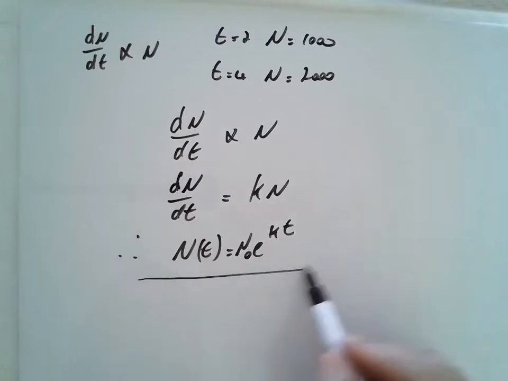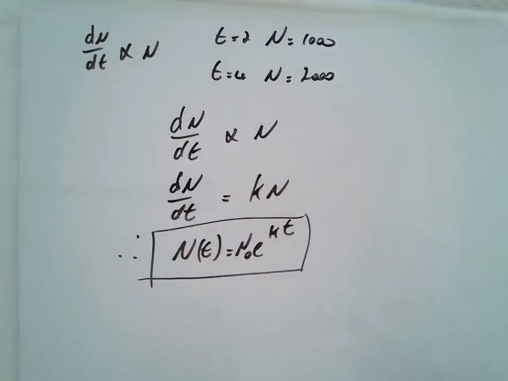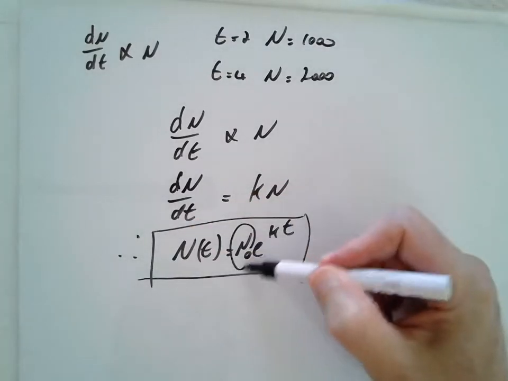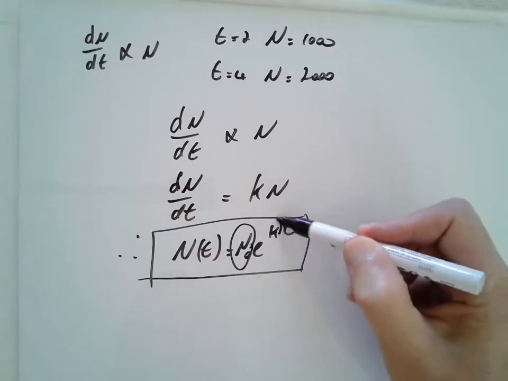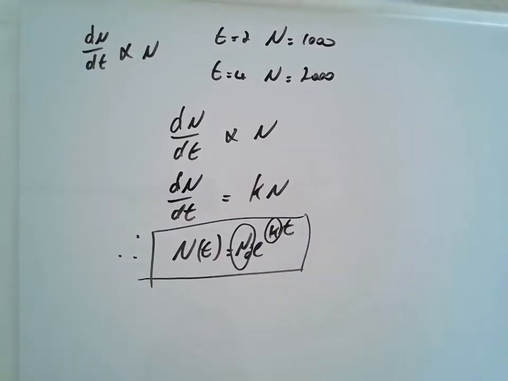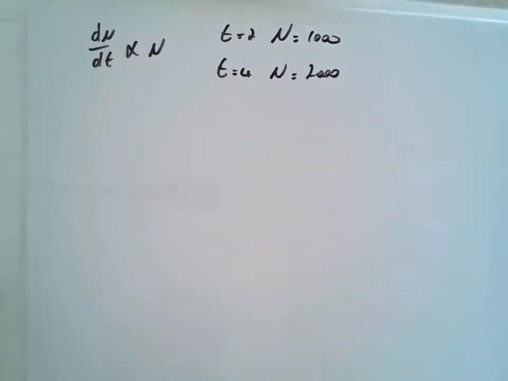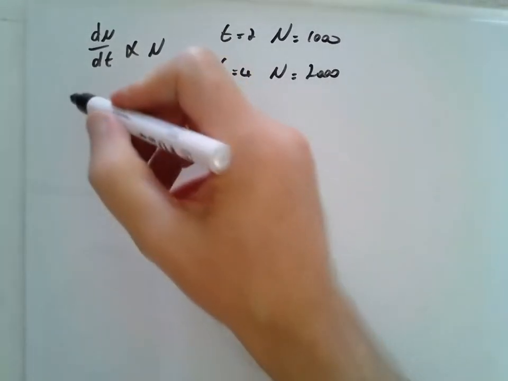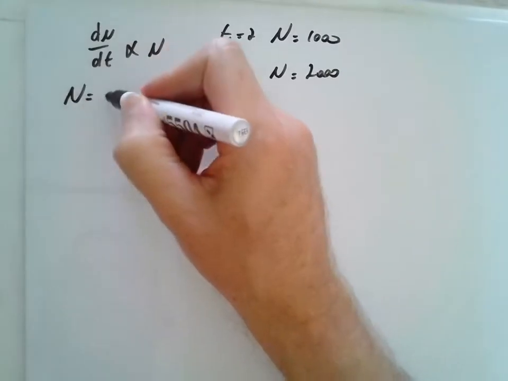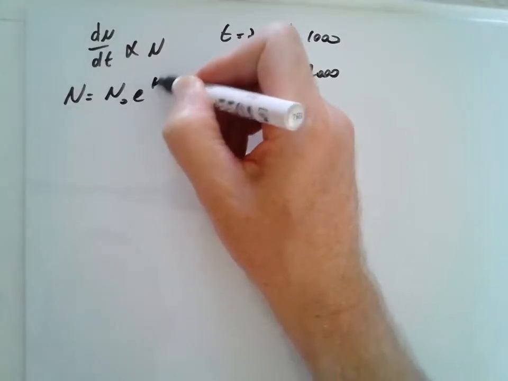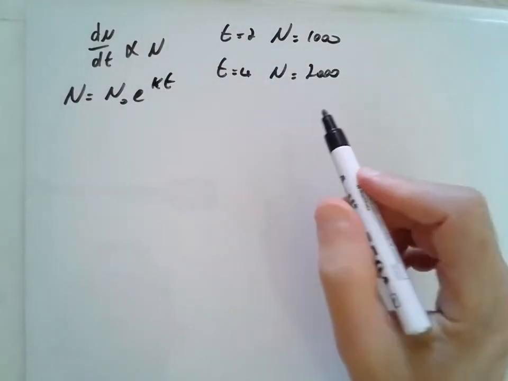So this is going to be the function that we're looking for, and we've got these two unknowns being the original population and the constant. Clearly that's taken up all of my board, so I'm going to rub that out. So we know we're going to get to N equals N0 e to the kt, and we're given these two hints.